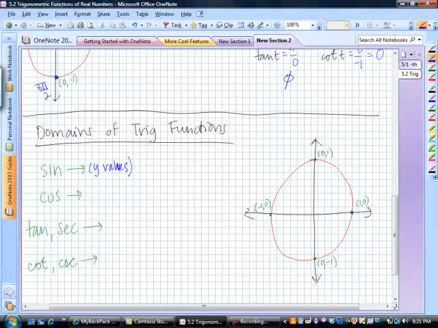As you move along the unit circle, the y value increases to 1, and at 90 degrees your y value is 1. Then we go back down the unit circle this way, and your y value becomes 0 again, and then it goes down to -1 and back up to 1. So for sine, the domain for y values on the unit circle is all real numbers.